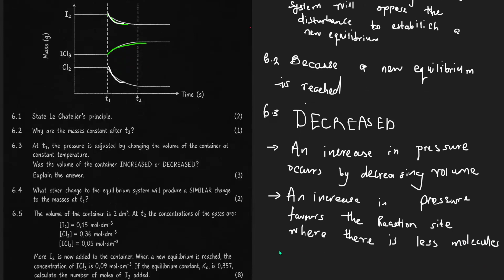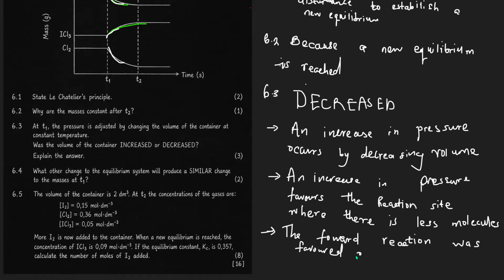What actually happened here, the forward direction was favored. As we can see, the direction that was favored was the one that was increasing. The forward direction was favored at T1.